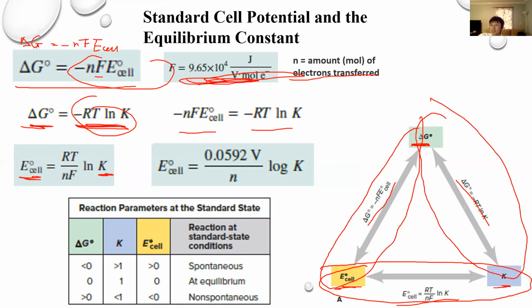It is equal to RT divided by nF. R is a constant, F is a constant, and temperature is given. At 298 Kelvin, we can simplify this whole term into this. Again, n is the number of electrons involved. When you determine this, you have to look at the overall reaction. By simply looking at the half reaction, you may get the wrong n.